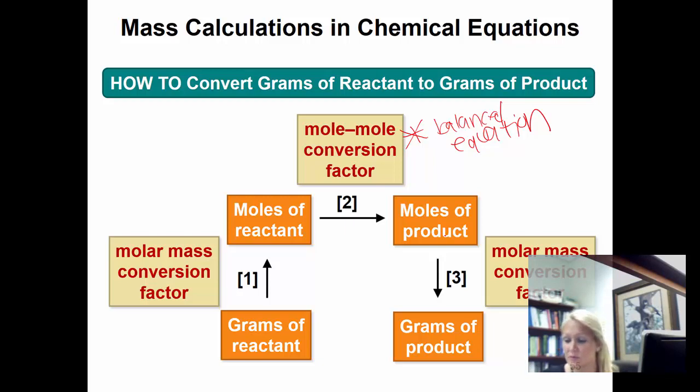Then to get from moles to grams, we use molar mass again, but it's just going to be turned upside down, or turned differently from our first step, because our units have to cancel. So here you will multiply times molar mass, and here you divide. So that's our plan.